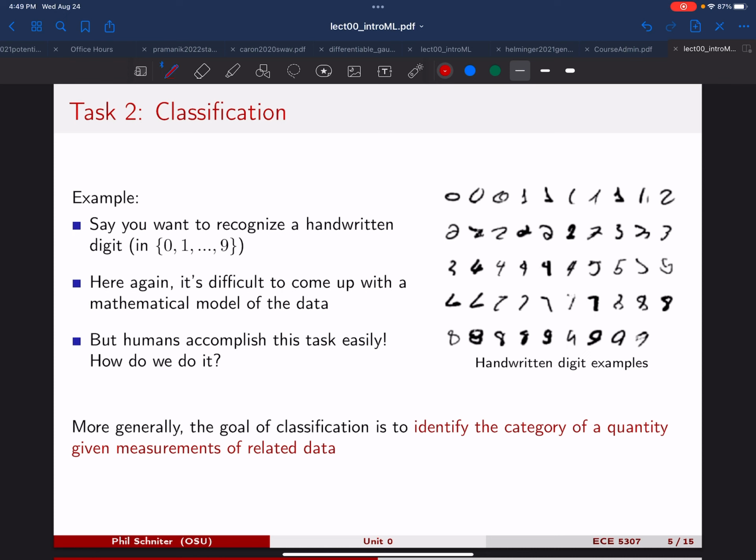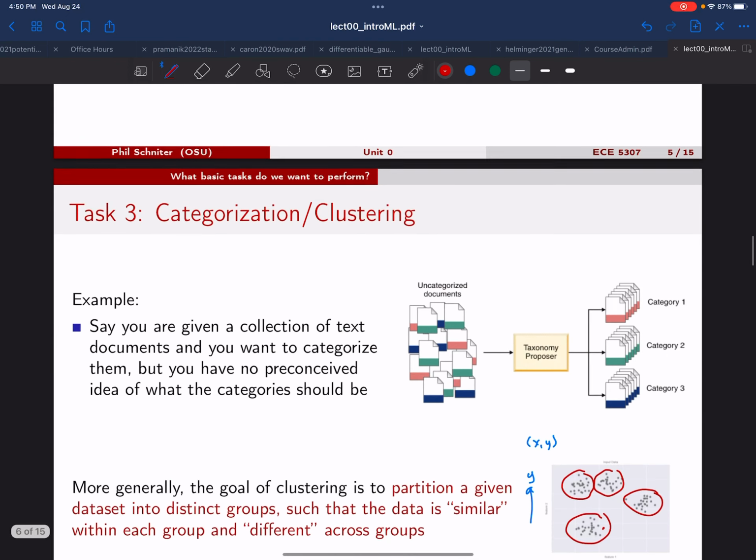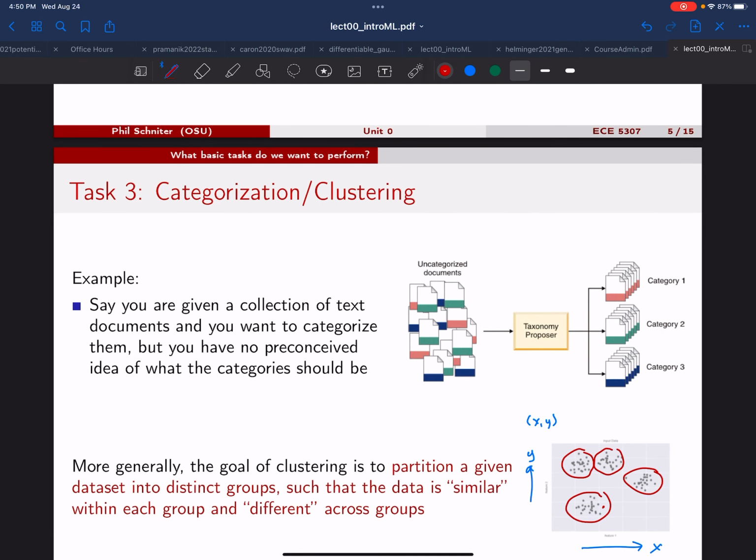So, for example, just coming back to the text example, you could make a classification version of this where someone gives you like a bunch of documents, but they also tell you, oh, this is a news document, this is a math document, this is a religious document, and then you could train a system that takes in a document and predicts what the label is.